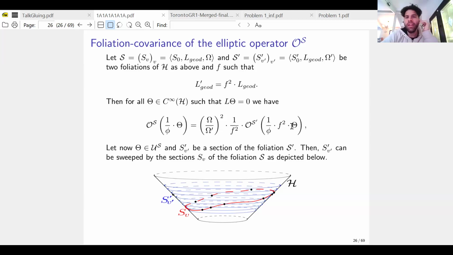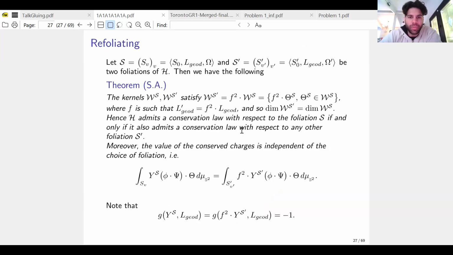Because that common function is basically seen by the adjoints of the elliptic kernels for any foliation. And moreover, if this is the conserved charge with respect to the one foliation, and this is the conserved charge with respect to the second foliation, then their values are equal.